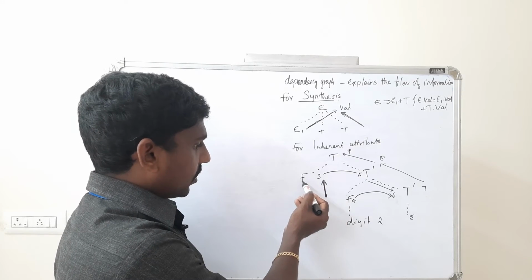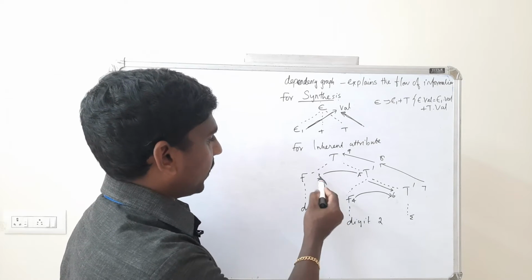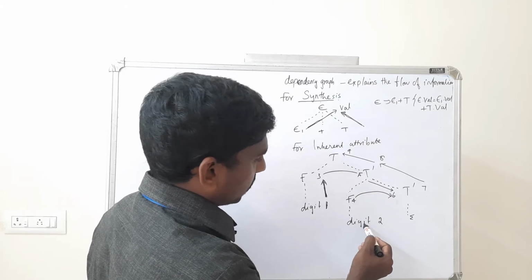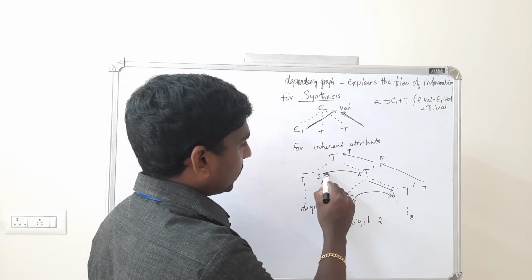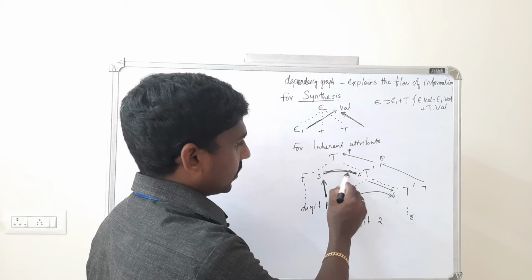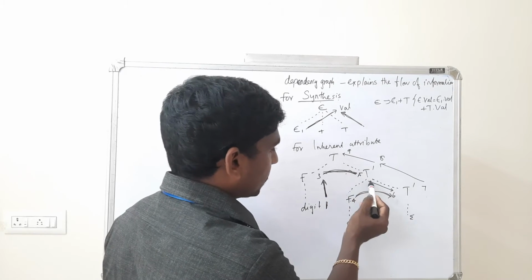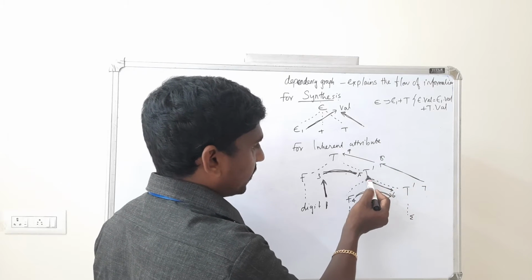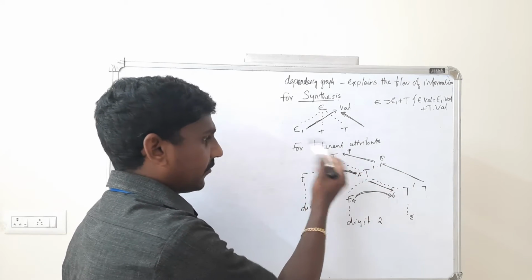This one depends on the parent. Second is this digit, third this and this, fourth one goes here, fifth one, the answer goes here, sixth, seventh this one will evaluate, eighth, and ninth this one evaluates. Finally we will get an answer.